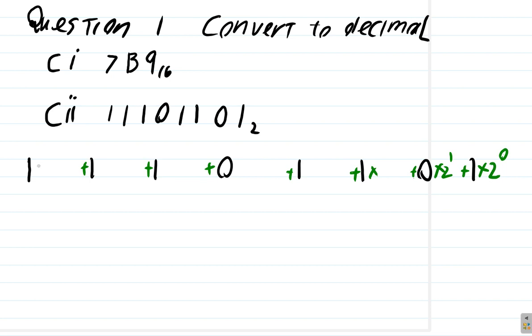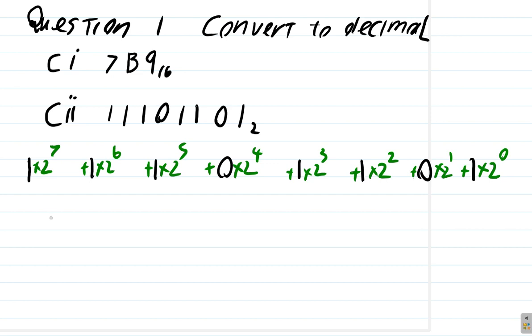What will they add to? It will add to the next digit, multiply by 2 times 2 times 2 times 2 times 2 times 2. So that gives you a pattern to write out these numbers. The powers now are 0, 1, 2, 3, 4, 5, 6, 7. Those are the powers of 2. So now you work them out.